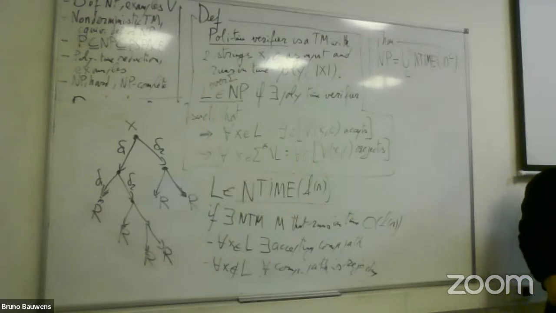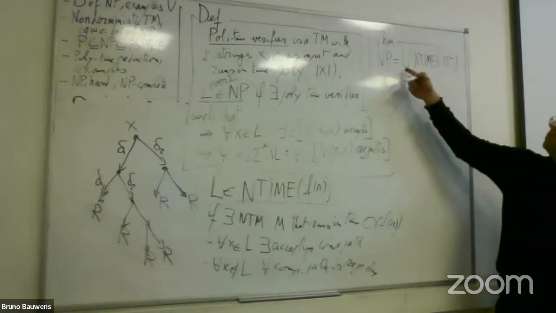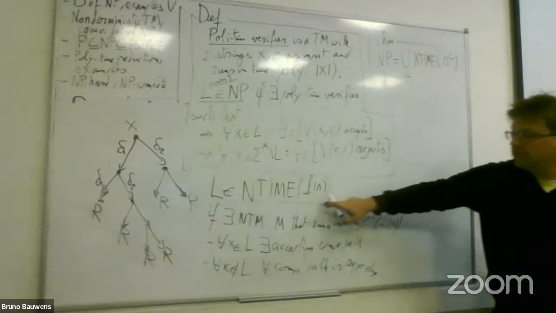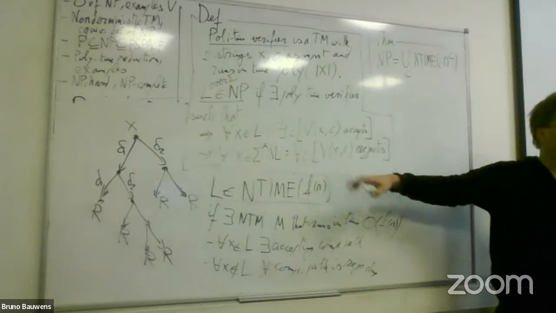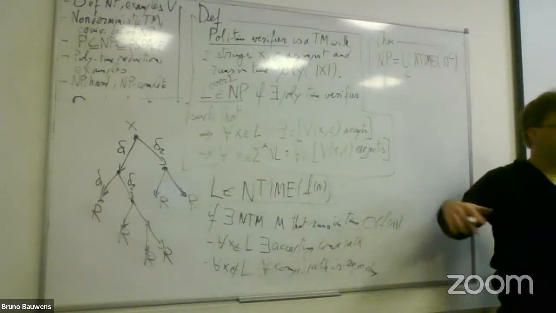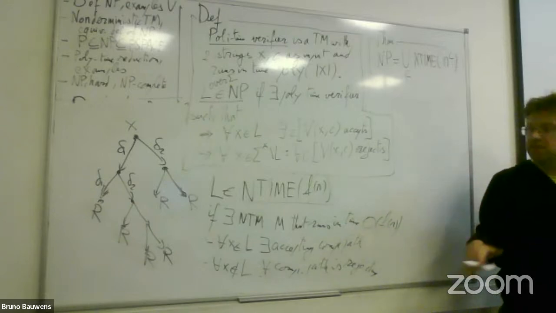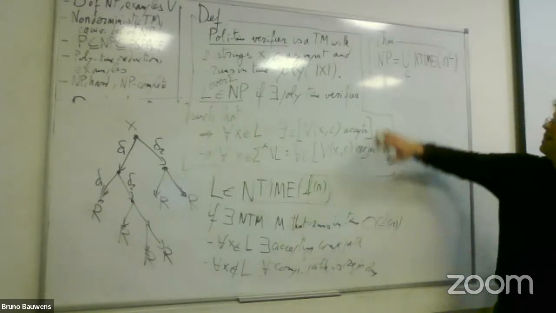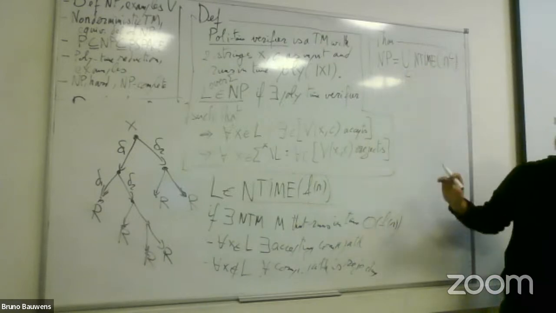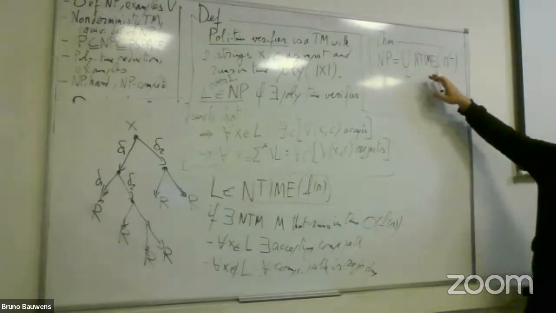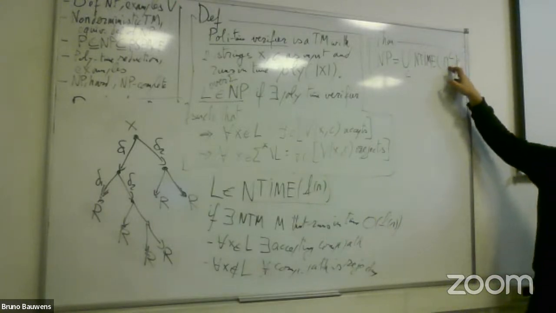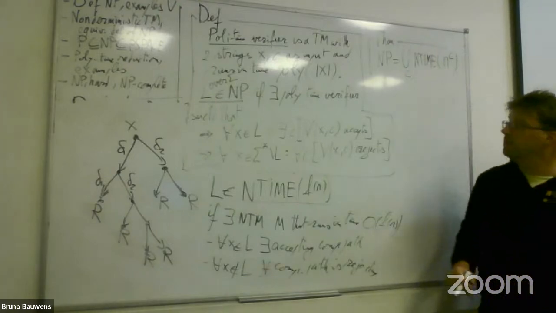What does the union mean? NTIME(f(n)) is a set of languages, or a class of languages. Class is used for a set of sets. So it's a class of languages, and then we take the union of all these classes. So it contains everything that runs in linear time, quadratic time, cubic time, on non-deterministic machines.